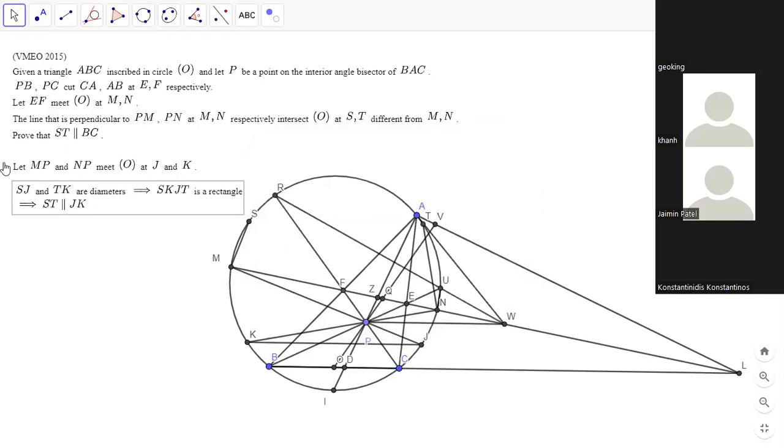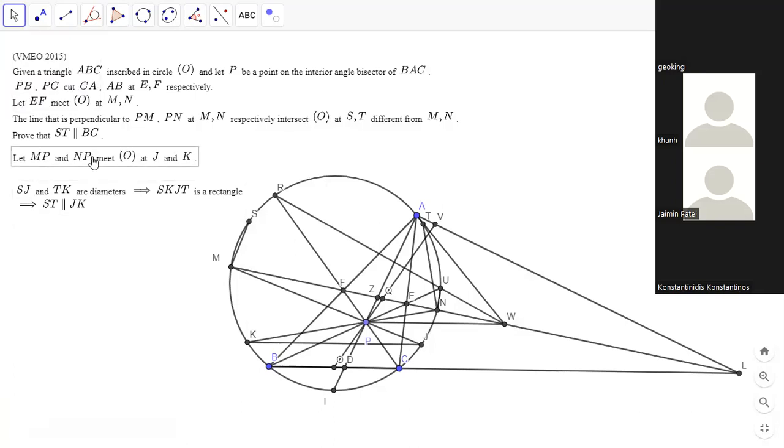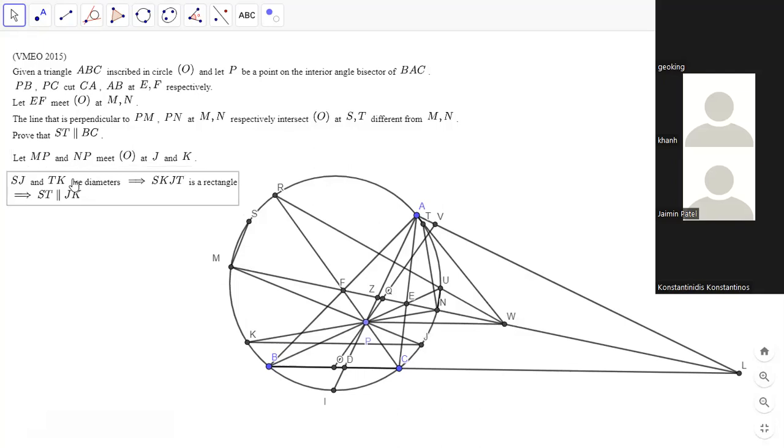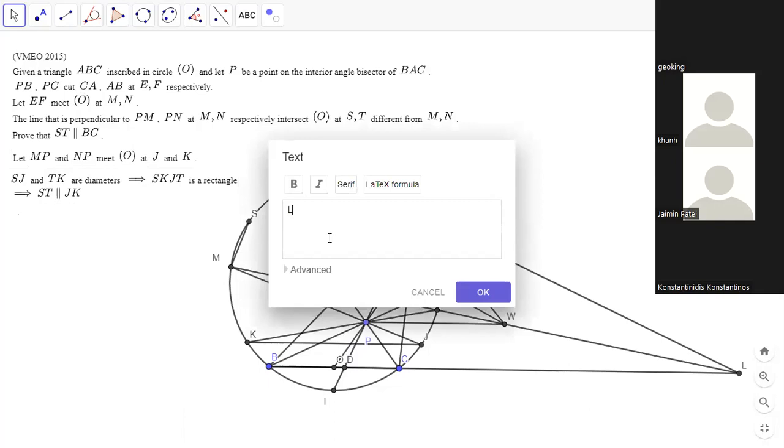Then we use stuff about harmonics. So let AP meet BC at point D. Let O be the midpoint of BC.